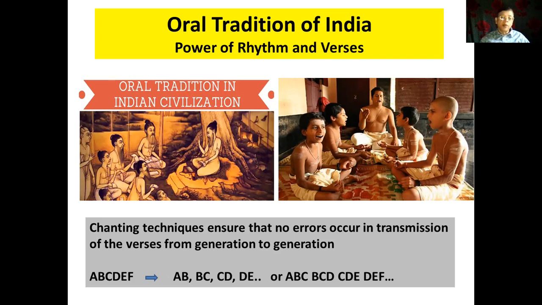Of course, there was no writing, so they could not write the thought. So what they did, they converted it into rhythmic verses and recited them. Because you know that once you sing a particular song or a verse, you remember it for your whole life. This is the power of rhythm. This is the power of rhyme and verses.